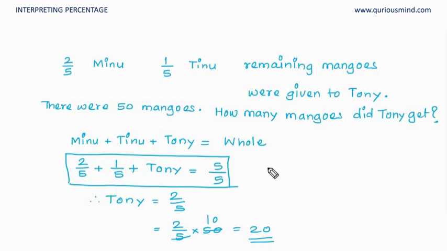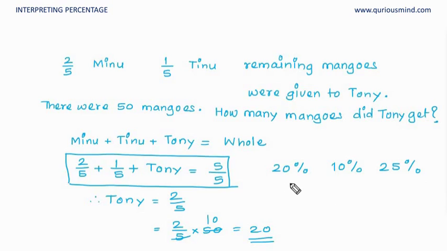In the same way, if I know that 20%, 10% and 25% were given to 3 people, what are the remaining mangoes?